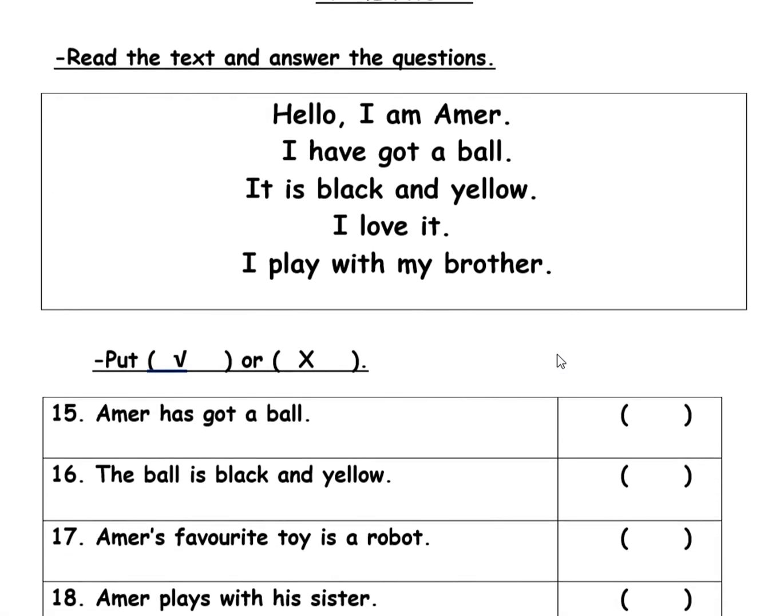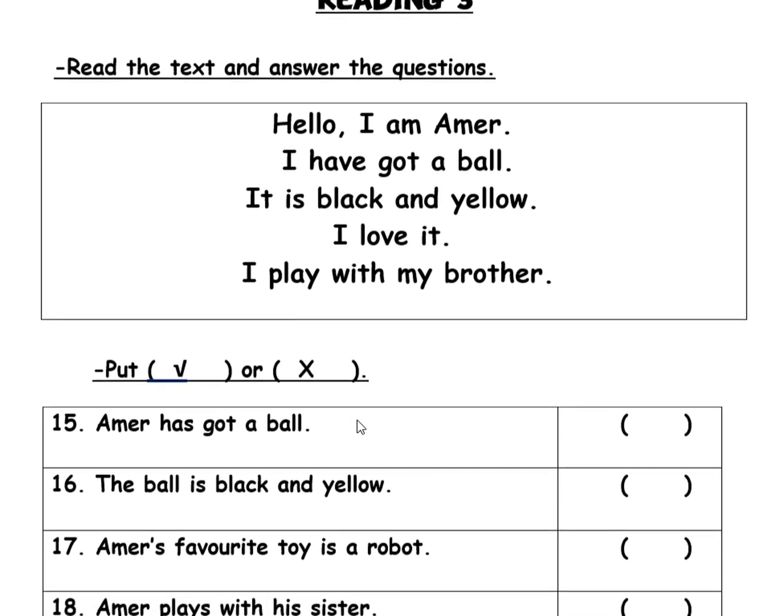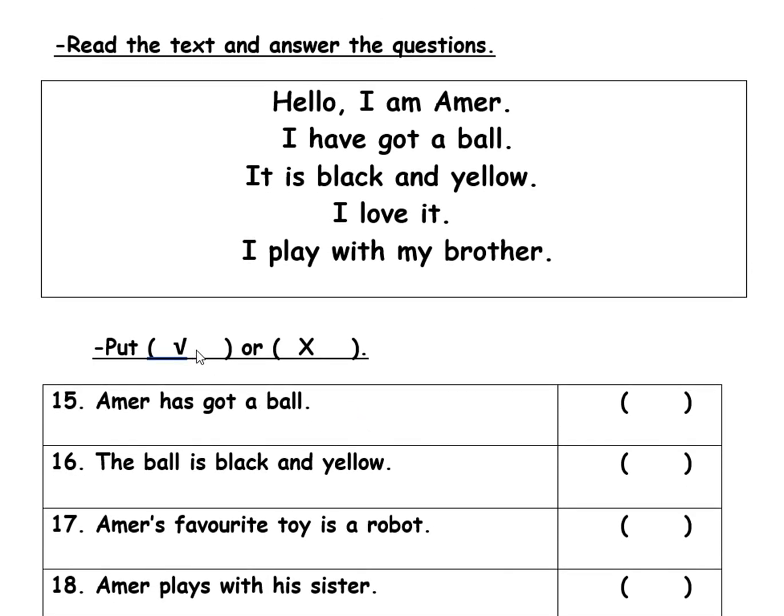Now, in this activity, we have a short text that we have to read. And after reading it, we have to answer with yes or no, with correct or wrong.